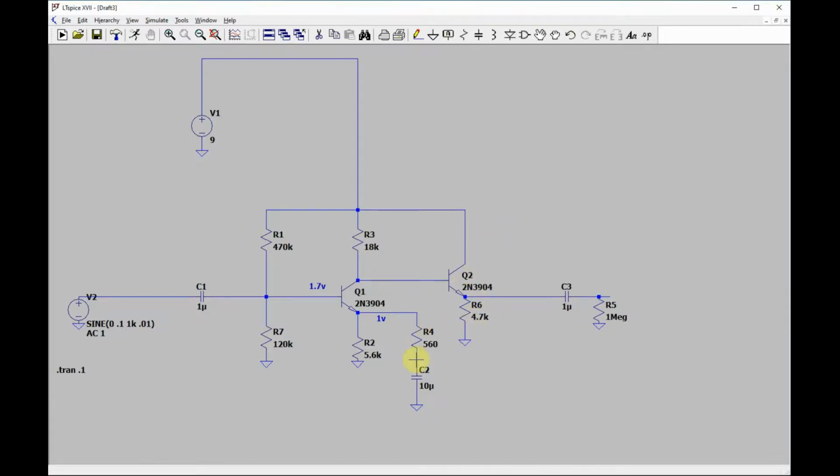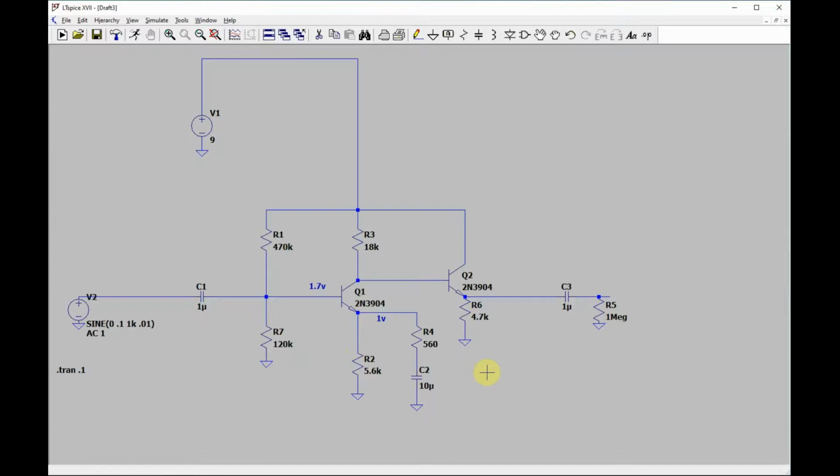For these two parts you can add bypassing here. Another way people do it, which I don't like as much, but if you want the same effect, you can put one resistor here and one here, and then take this to a capacitor. Sometimes people will put a pot right here and put the capacitor on the wiper to sweep it up and down, and that looks pretty cool. It works well for certain purposes.